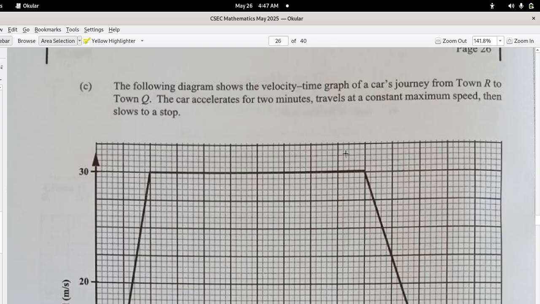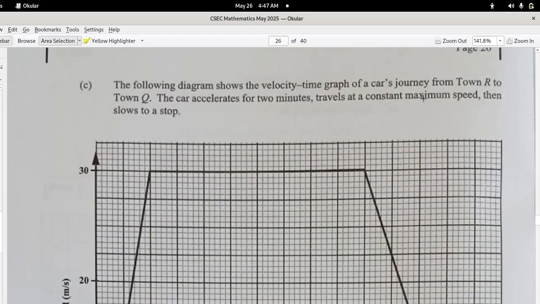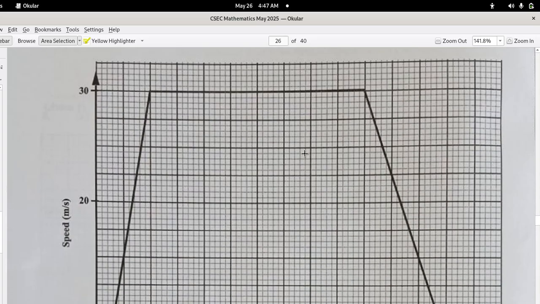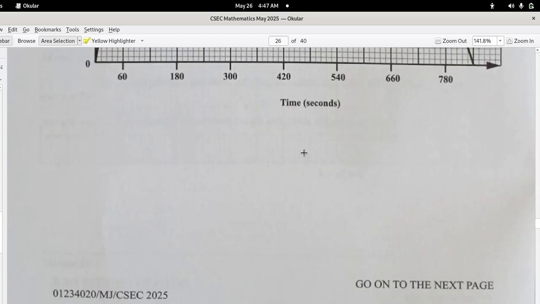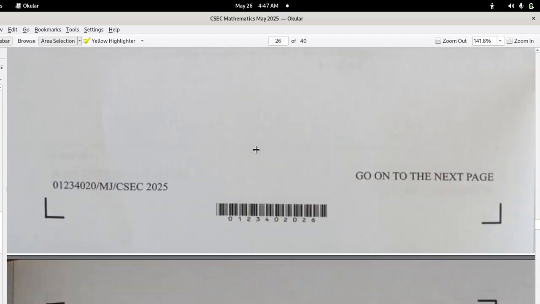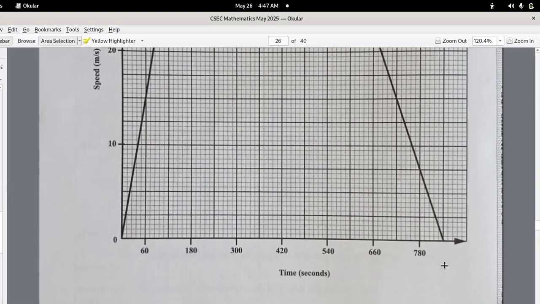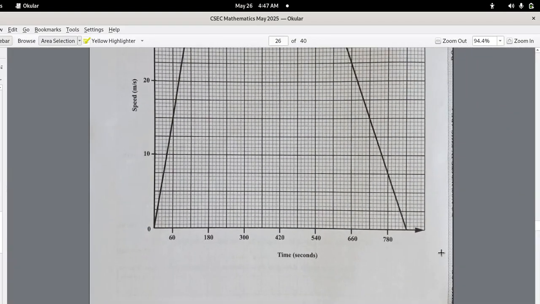The car accelerates for 2 minutes, travels at a constant maximum speed, then slows to a stop. Determine the initial acceleration of the car. Let's just clear the screen here and copy this and work with it on the other screen.